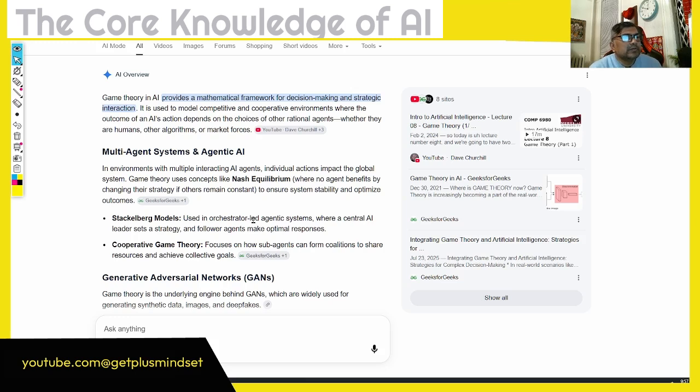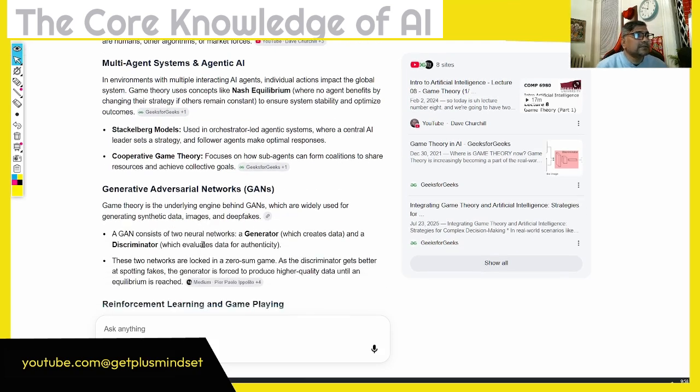So individual actions impact the global system. Game theory is used for the equilibrium situation, to ensure the system is stable and optimized for the outcome. This is also known as the generative adversarial network. Game theory is the underlying engine behind GAN.